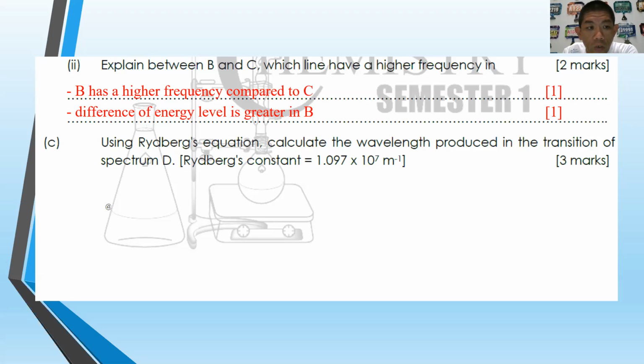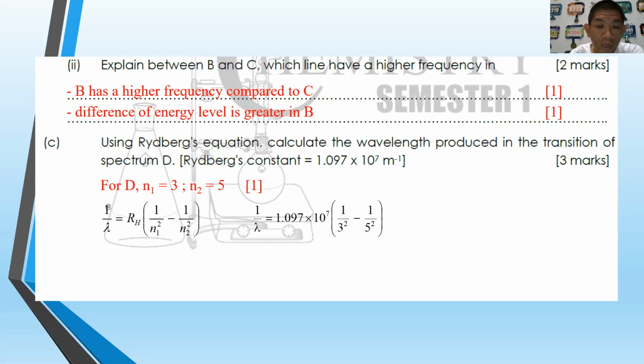Okay, so C: using the Rydberg equation, calculate the wavelength produced in the transition of the spectrum. Given that the Rydberg constant is 1.097 × 10⁷ meter⁻¹. Here you have to memorize the Rydberg equation: 1 over lambda equals RH times (1 over n1 squared minus 1 over n2 squared). Substitute into your 1 over lambda.